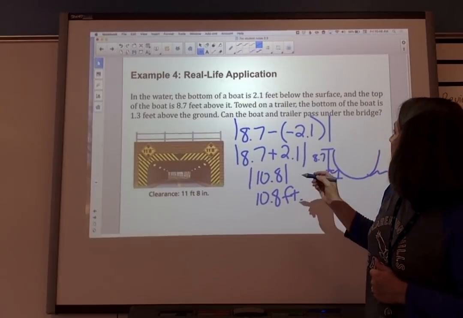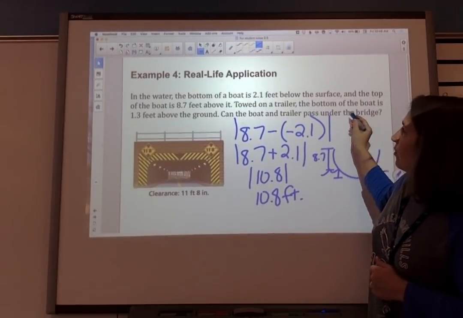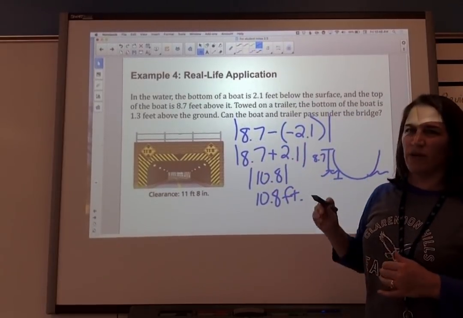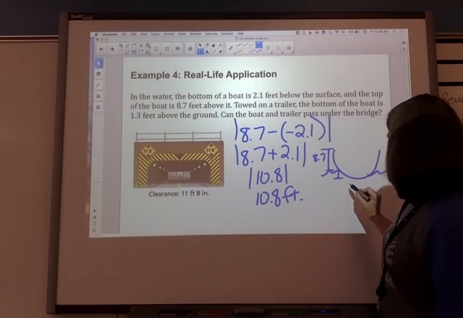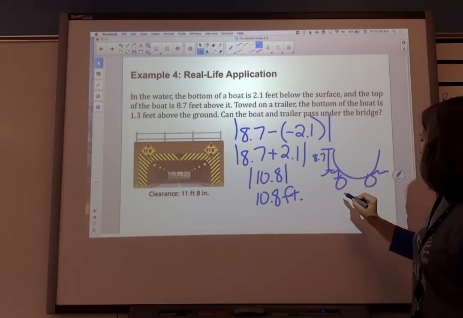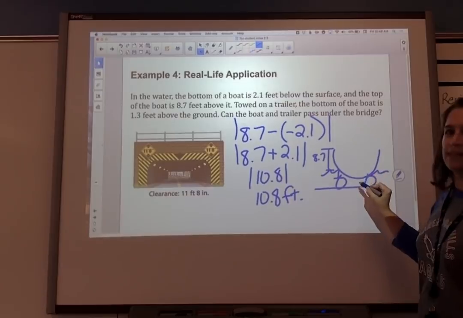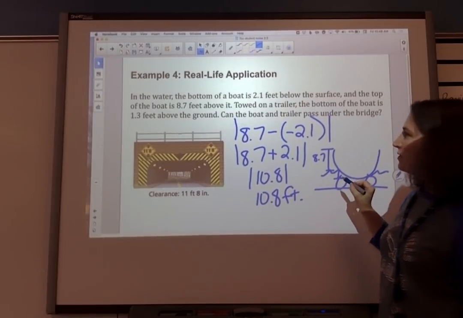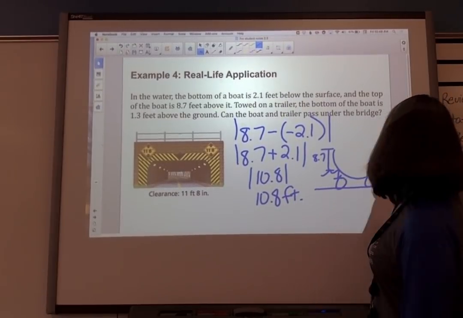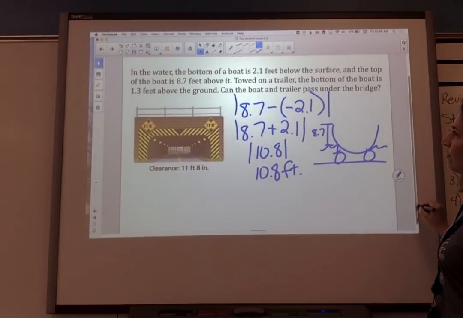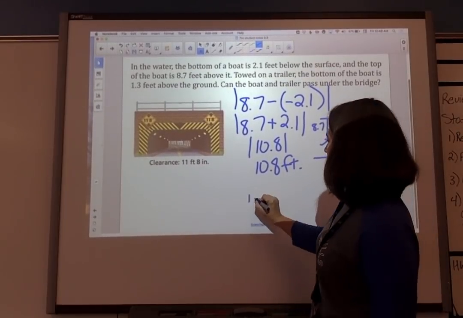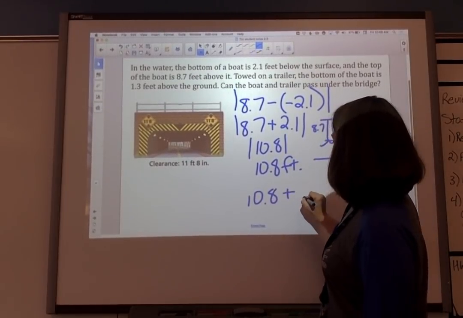So 10.8 feet is how tall the boat is. Then we see that the bottom of the boat is 1.3 feet above the ground if it's pulled on a trailer. So if we put this thing on wheels and put it on a road, that adds some distance here. Okay, so now we need to take our 10.8 feet and add another 1.3 feet. 10.8 plus 1.3.